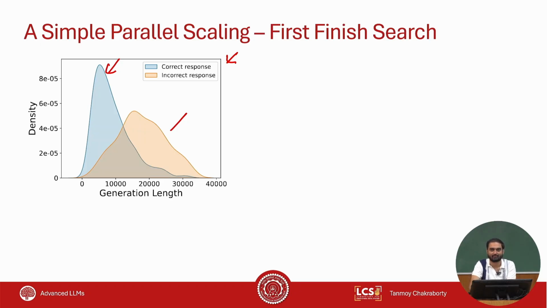Our heuristics is that we generate parallel traces. So these are parallel sampling techniques. Now remember, when I say parallel traces, essentially what we do is, let's say you want to generate 10 different traces.